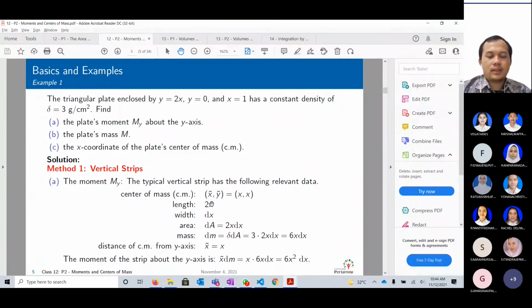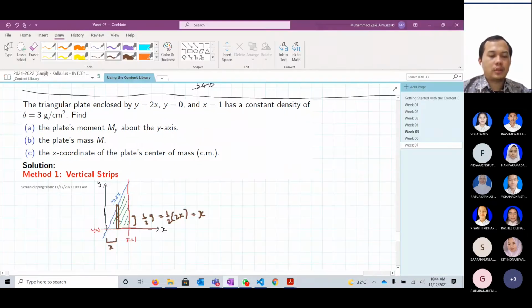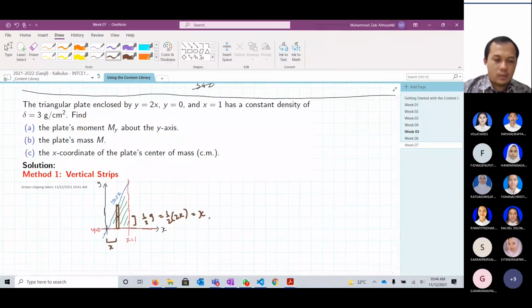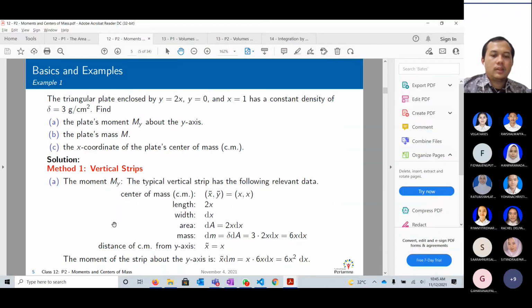The length of the vertical strip is 2x, and the width is this small width, dx.